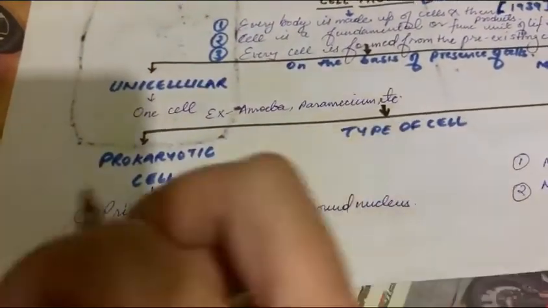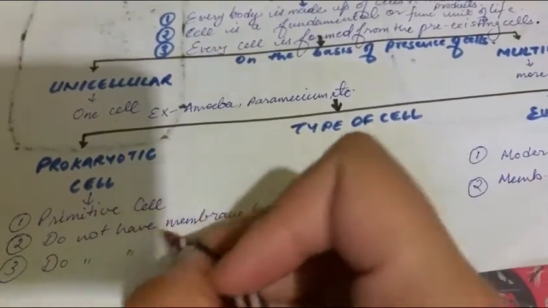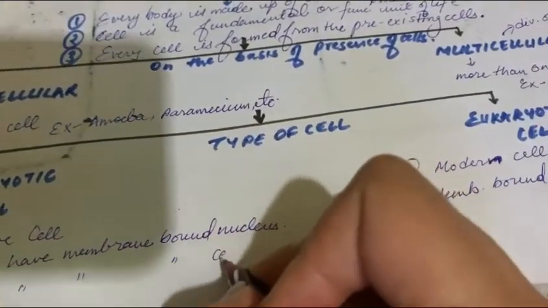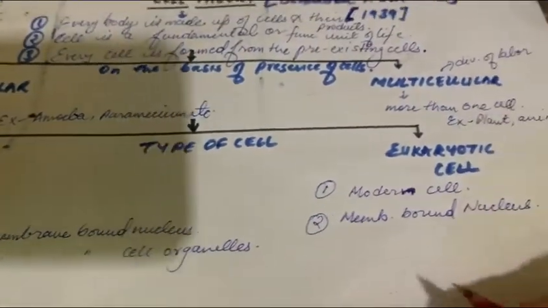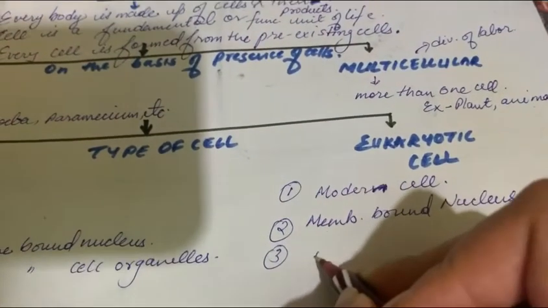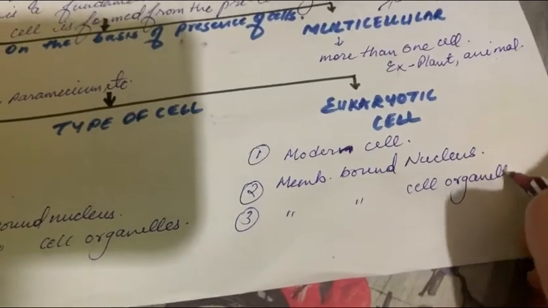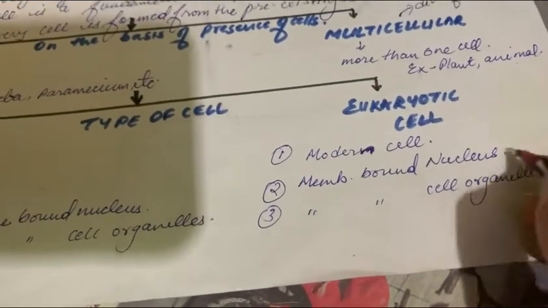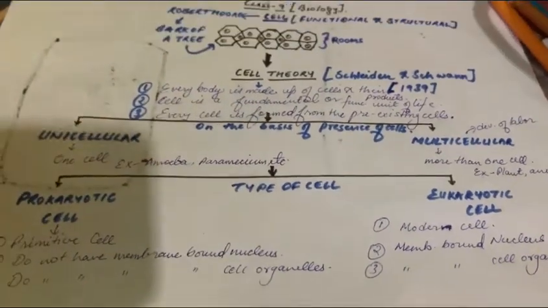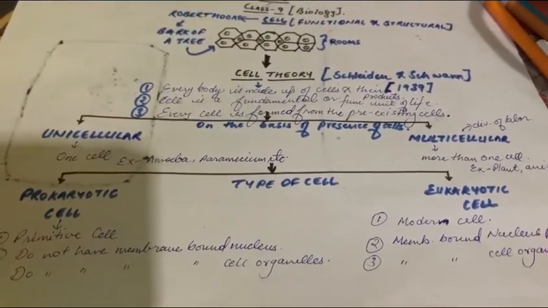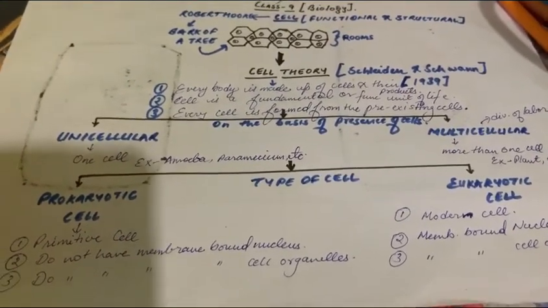Next, prokaryotic cells do not have membrane bound cell organelles, whereas over here membrane bound cell organelles are present. What do you mean by cell organelles? Cell organelles are the different cellular structures present inside the cell which perform different kinds of functions for the body.